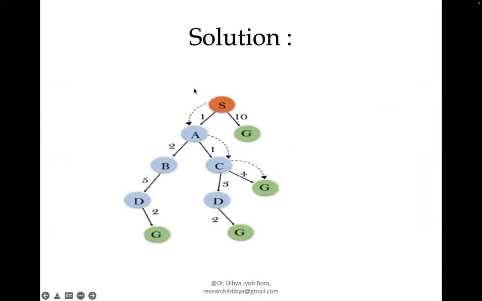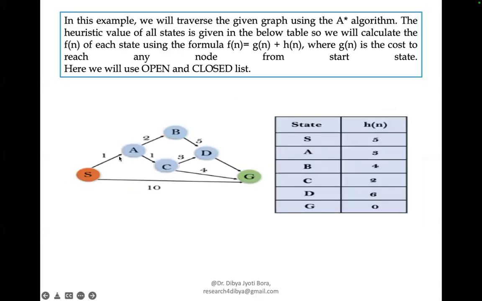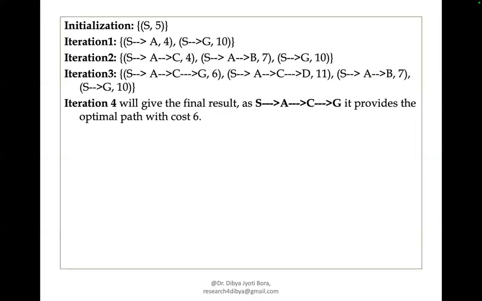S से A और S से Z, ये दोनों कनेक्टेड थे, पर उसका वैल्यू क्या था? S से A 1, S से Z 10, राइट? ठीक है? तो ये वैल्यू हमने पुट किया.